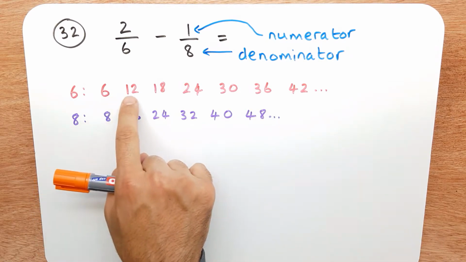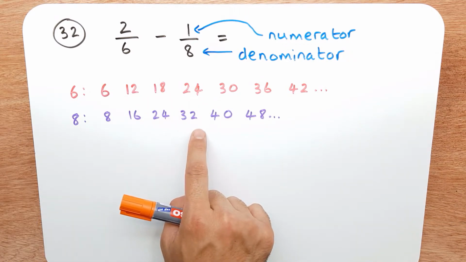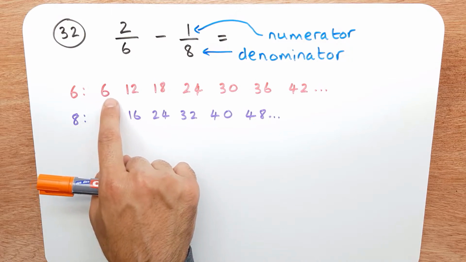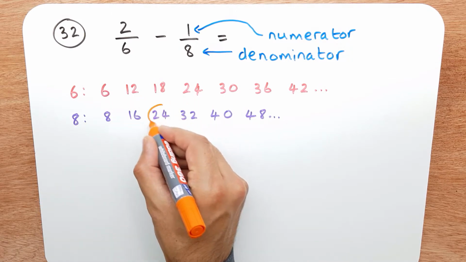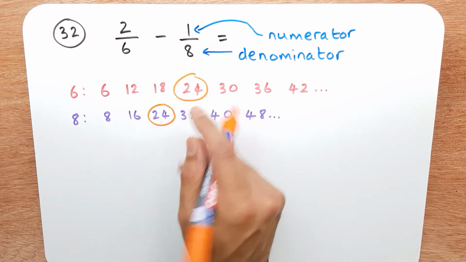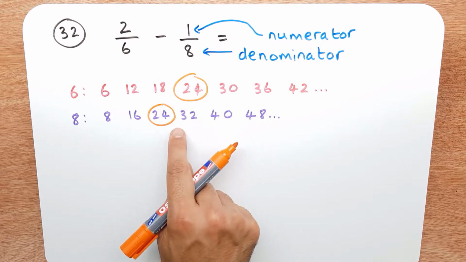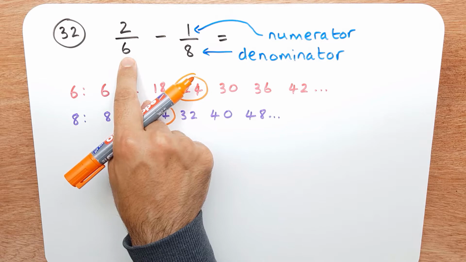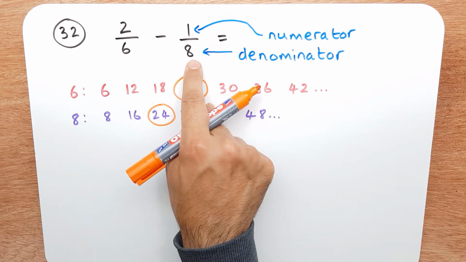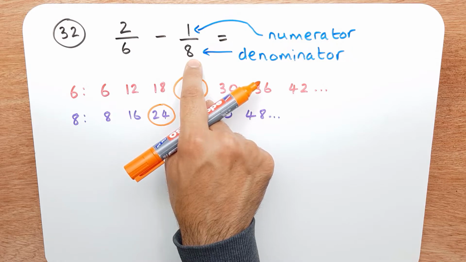If I go along here and here, and I look for the lowest common multiple, I can see 24 is the first number in both lists that is common. So somehow I've got to turn this 6 into a 24 and this 8 into a 24, so I've got a common denominator.